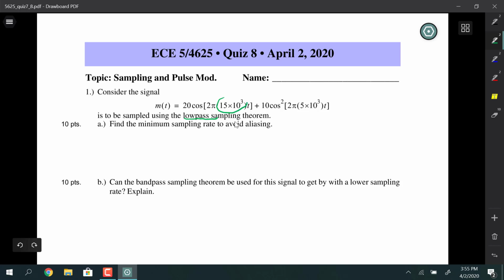This sinusoid is at 15 kilohertz. And then what are the frequencies associated with the second term? Since it's a cosine squared, we're going to have what two frequencies come out of here? When we square a cosine, what do we get? We get 1/2 plus 1/2 twice the frequency, right?